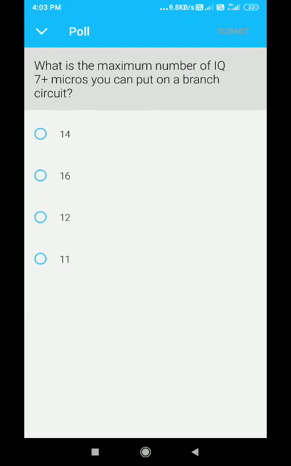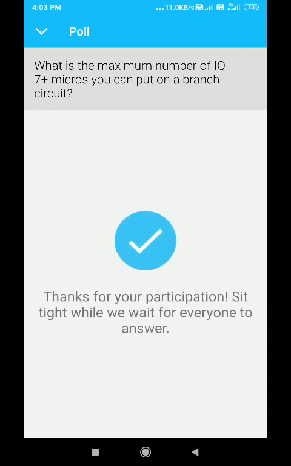This question is coming on your screen, and I want you to quickly vote for it. This is for IQ7 Plus. On the question, they've already mentioned: what is the maximum number of IQ7 Plus you can use on one branch circuit?